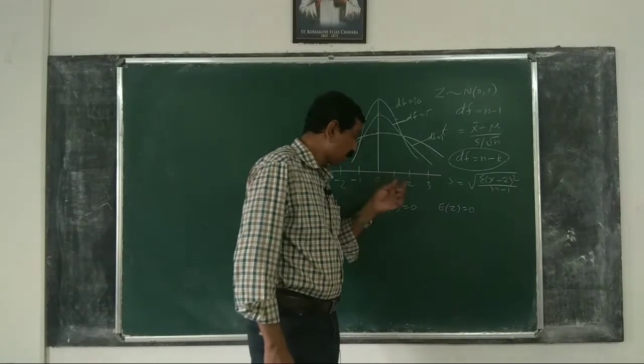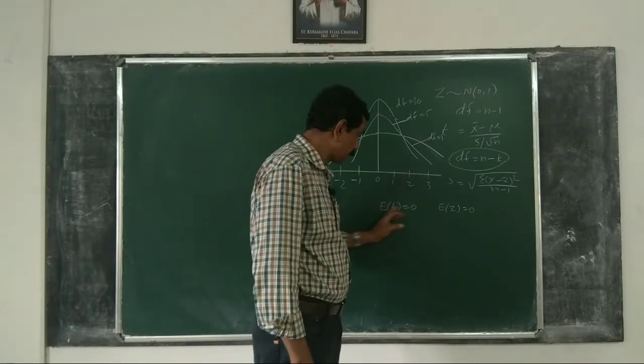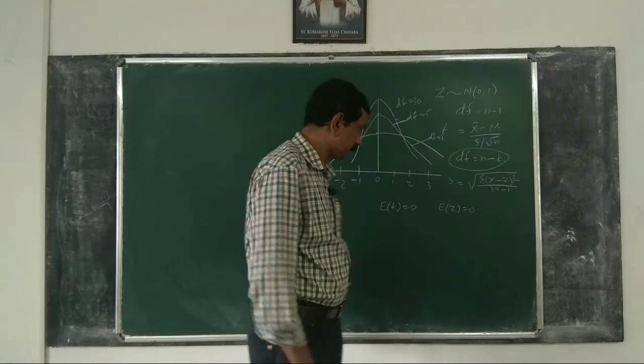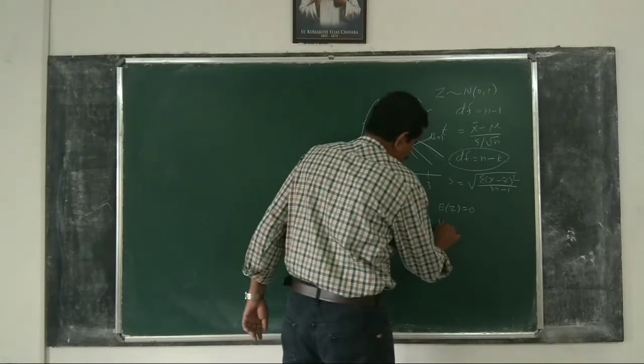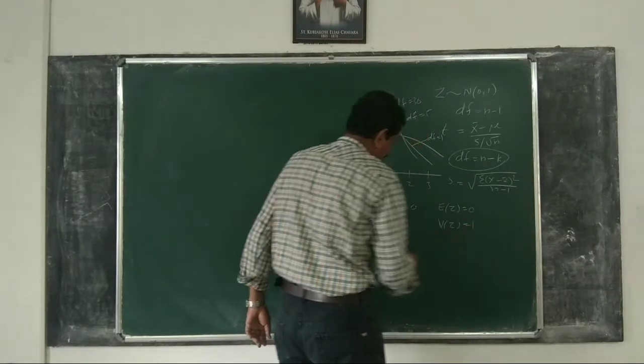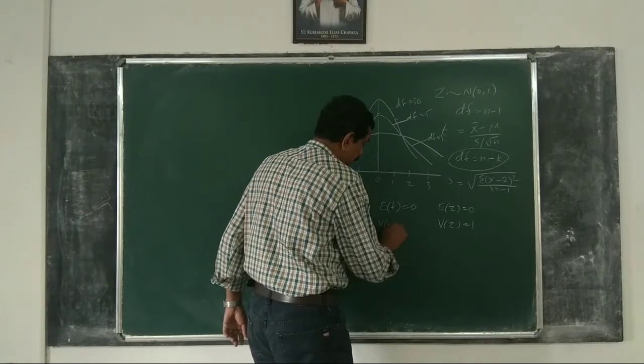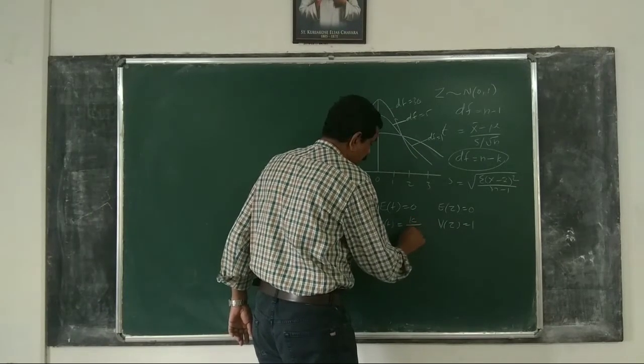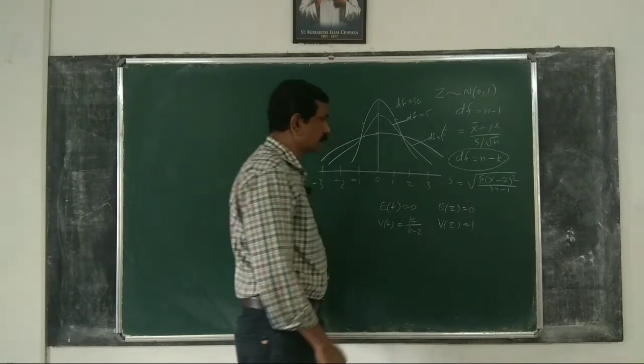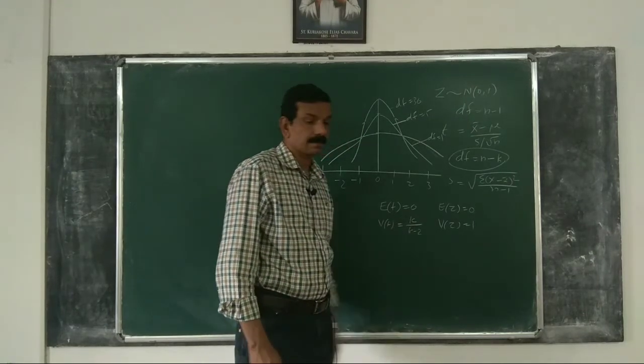This is given by the fact that expected t, like expected Z, is equal to 0. Variance of Z is equal to 1, whereas variance of t is equal to k by k minus 2, where k is the degrees of freedom.